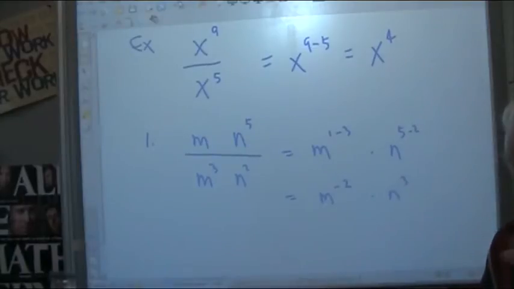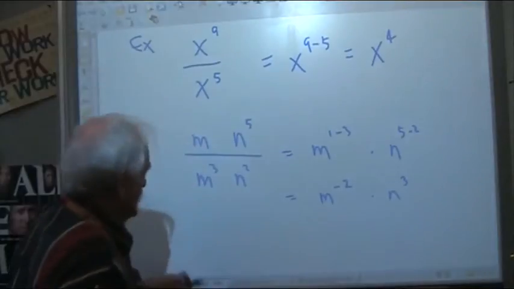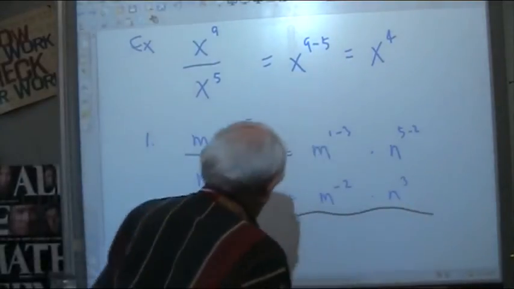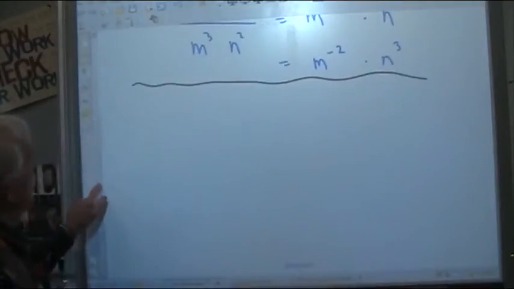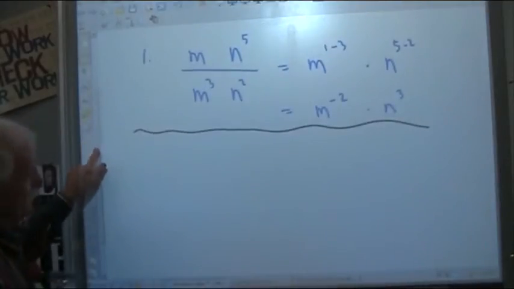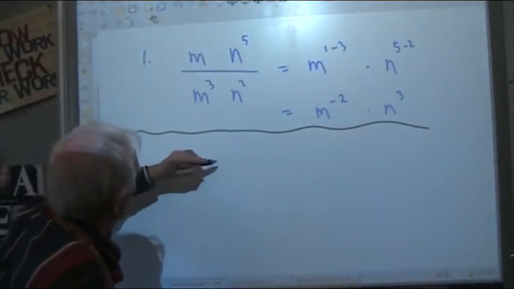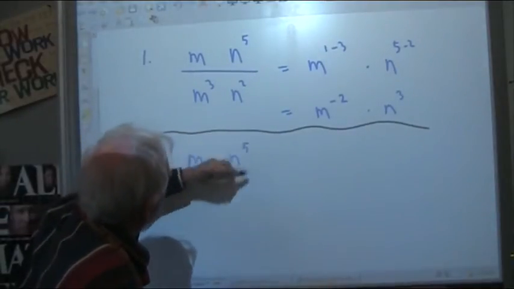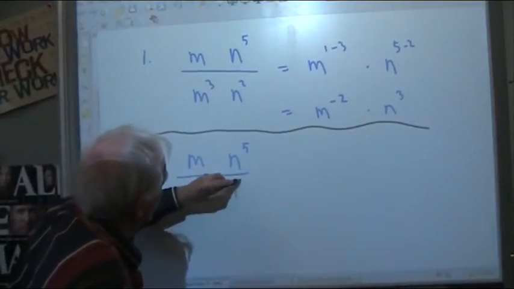So we're going to backtrack and redo this. So now, ladies, we're going to redo m n to the 5th over m cubed n squared.